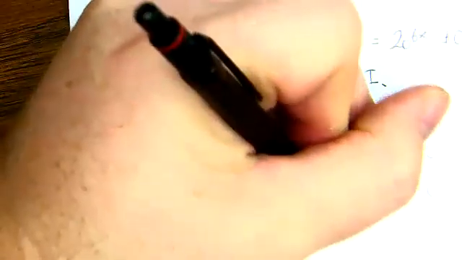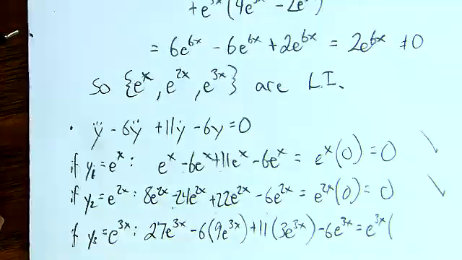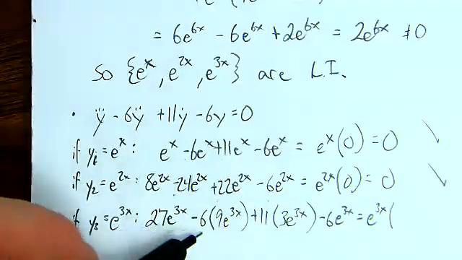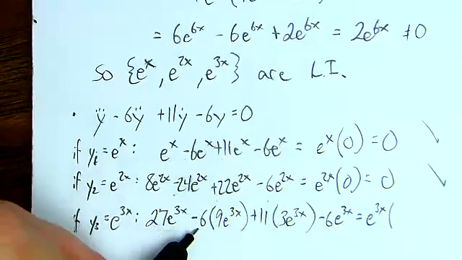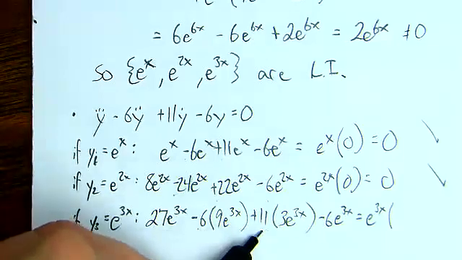That's 3e to the 3x, minus 6e to the 3x. Again, we can factor out an e to the 3x from everything. 27 minus 54 is -27. -27 plus 33 is 6, minus 6 is 0.